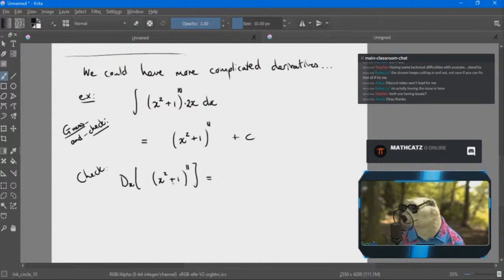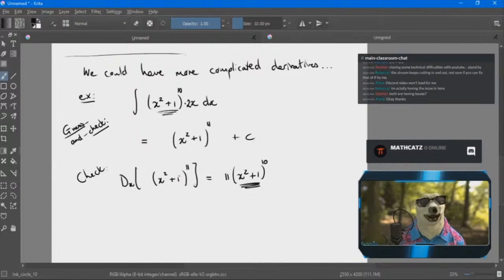So the outside function is something to the 11. The derivative of that is 11 times the something to the 1 less. You see, I get the target or part of it that I'm looking for.